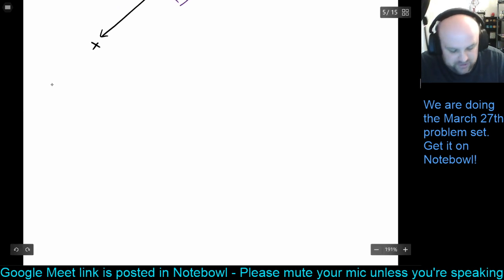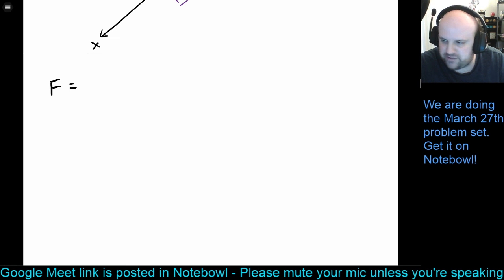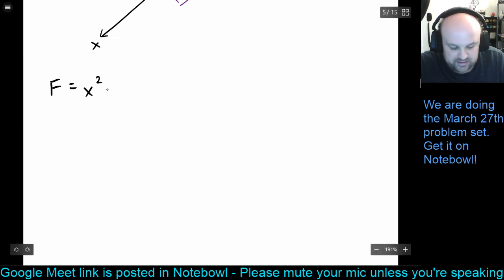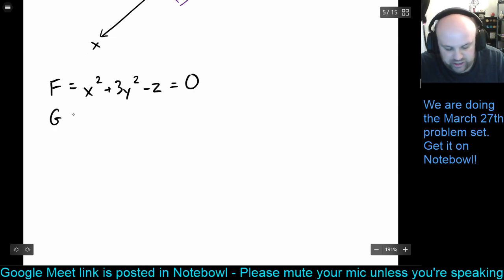So we need two functions. F equals, again, just push everything to one side: x squared plus 3y squared minus z equals 0. And g is x plus y plus 4 minus z equals 0. Right?